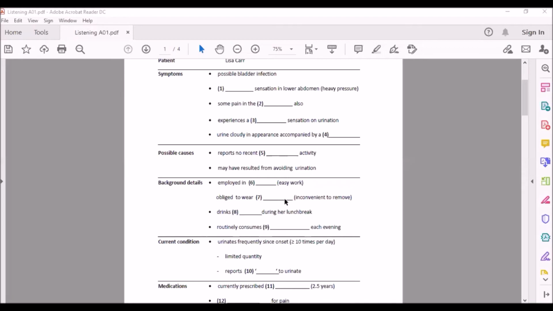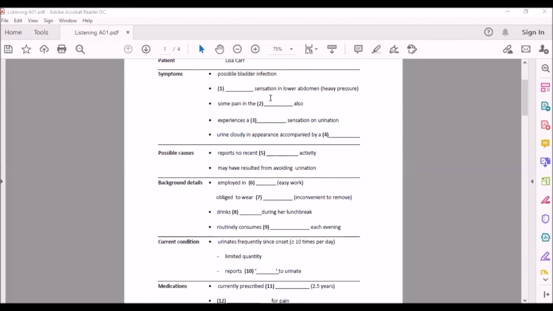It might be a certain belt. So you can brainstorm ideas for the words. You can try and think of a piece of vocabulary that might go there.